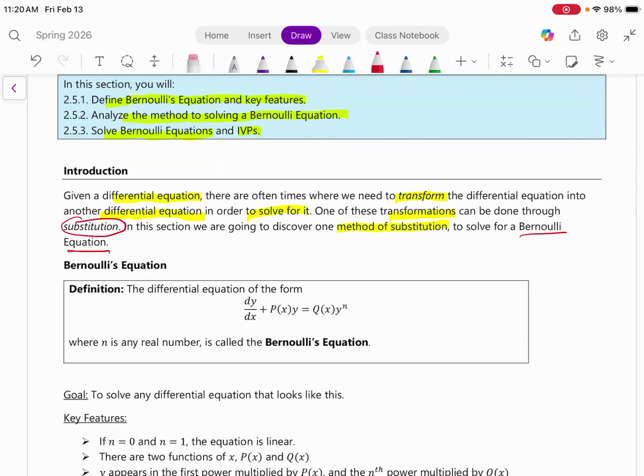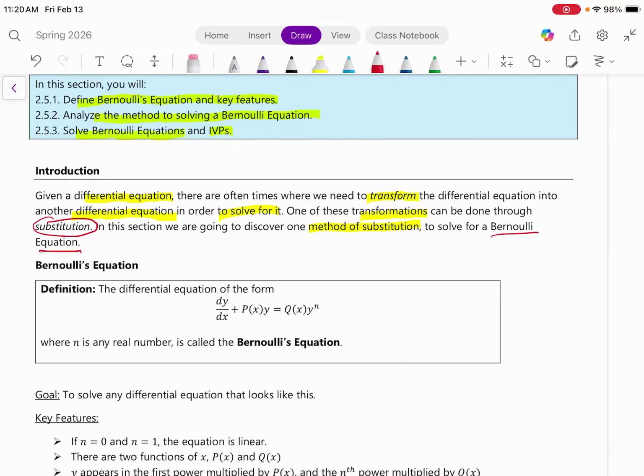So relate this to integration, where we take a challenging integral that we can't solve and we use the method of substitution to change it into an easier integral to solve. Well, this is a similar case where we're taking a very difficult differential equation, using substitution to make it an easier differential equation to solve.